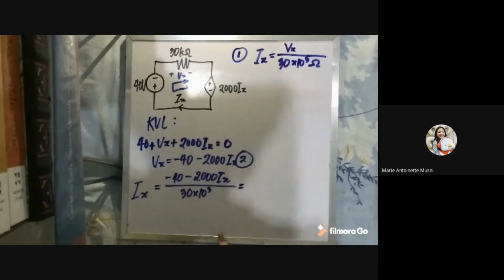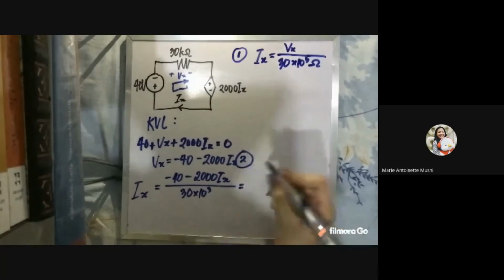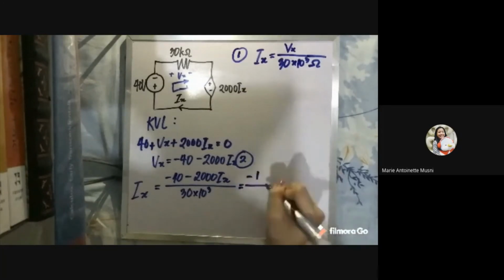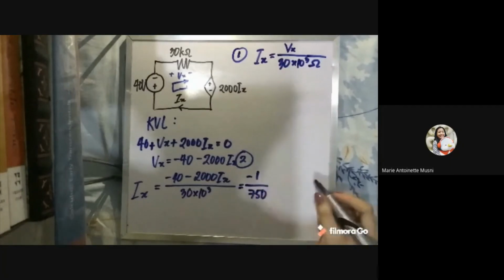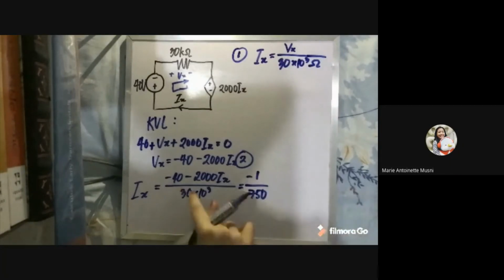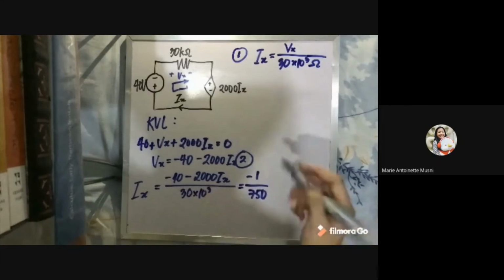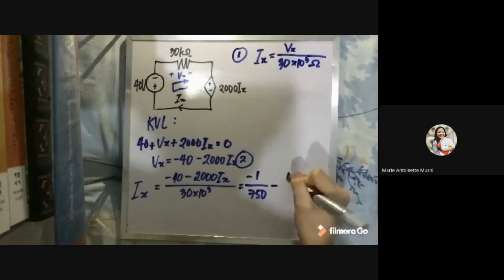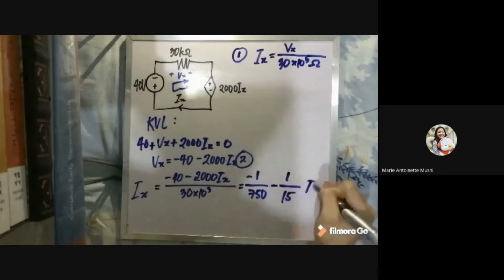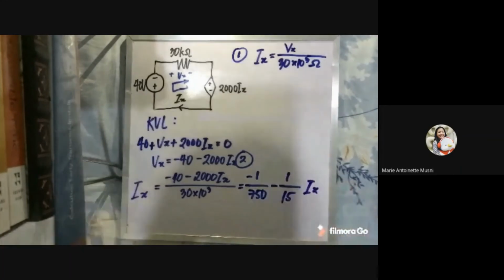That will be equal to negative 40 divided by 30 times 10 raised to 3, we get a negative 1 over 750 value, minus 2000 Ix over 30 times 10 raised to 3. Calculating that, we get a negative 1 over 15 Ix.